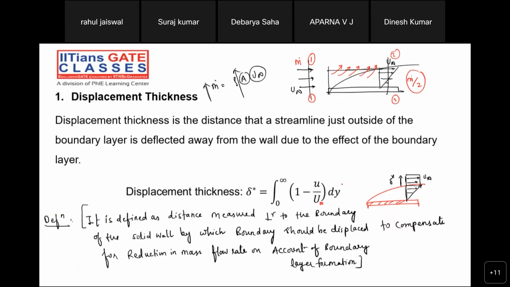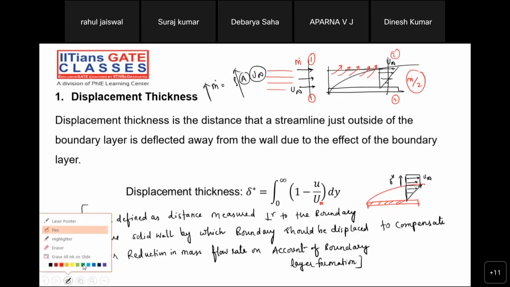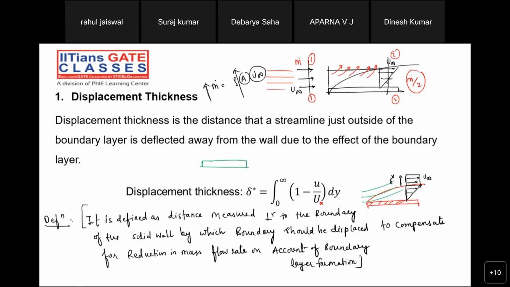Again, we will see some of the GATE questions on the basis of that. So indirectly, the streamlines which were initially parallel to each other will now start shifting something like this. One more reason you will observe very clearly here: this is the wall, and now there is a boundary layer formation, and the streamlines will be shifted like this.